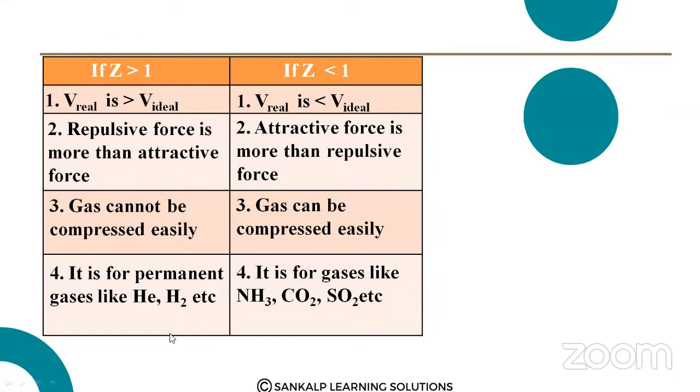If Z is greater than 1, then the real gas volume is greater than V ideal. Z is nothing but your compressibility factor. So these are the different points.